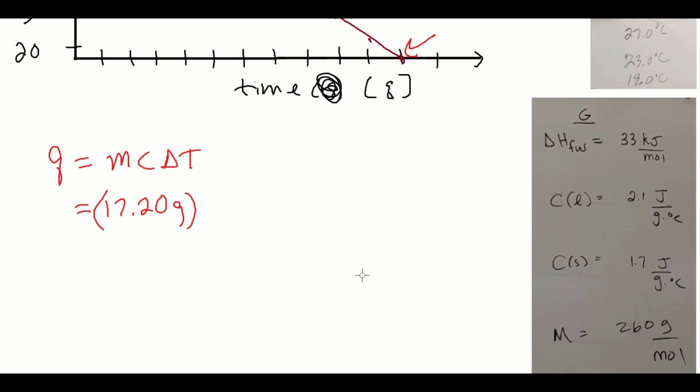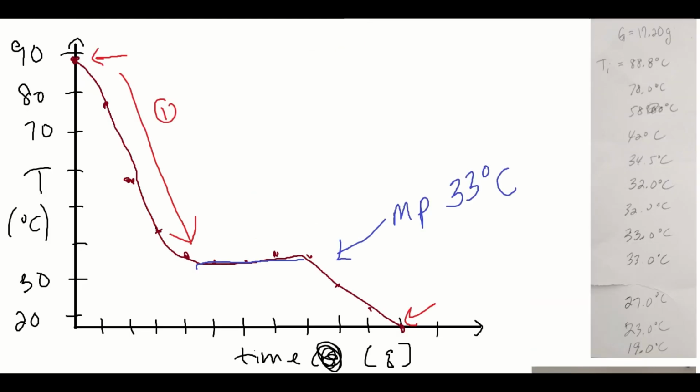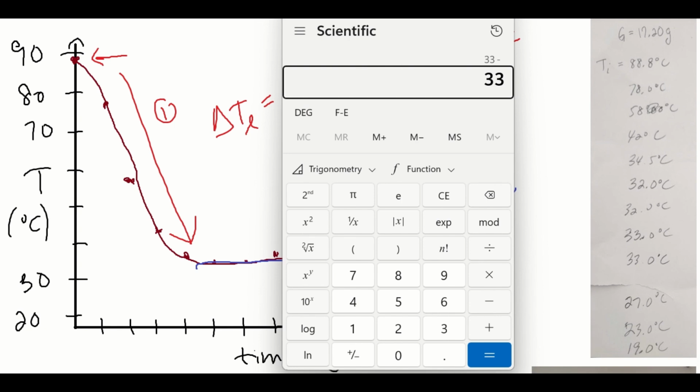And here was the thermo data provided for substance G. The specific heat of the liquid, which is where I started it, is 2.1 joules per gram degrees Celsius. The change in temperature for this liquid phase is my final temperature, 33 degrees, minus the initial temperature, where I started, 88.8 degrees. That's negative 55.8.